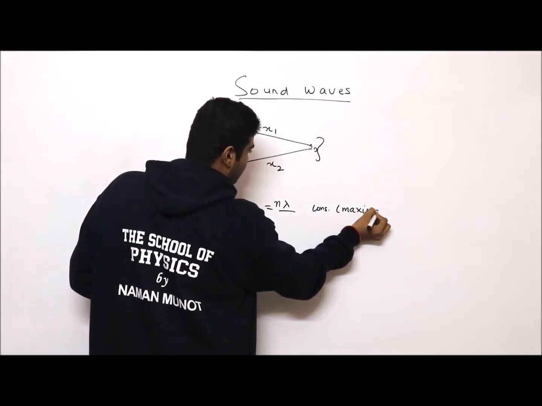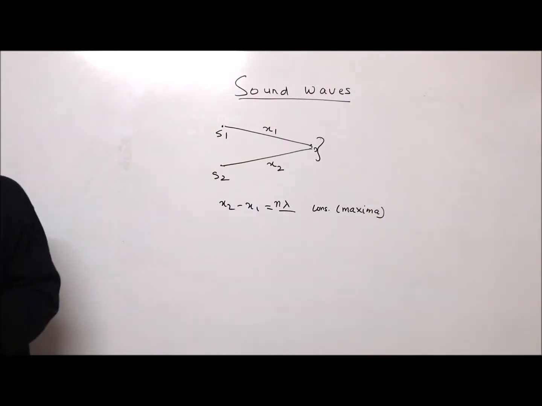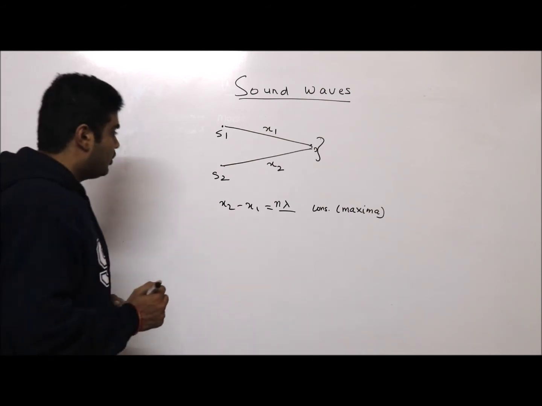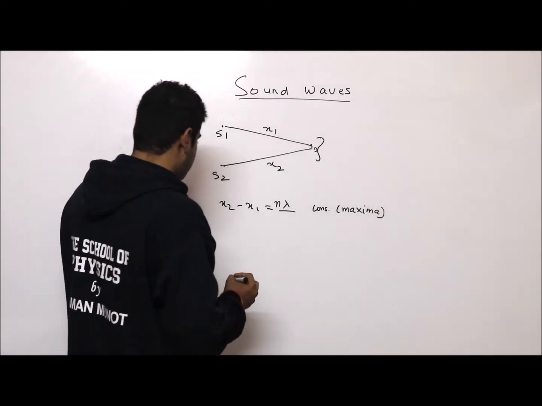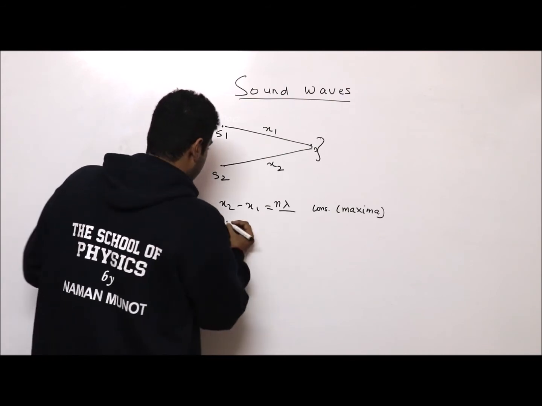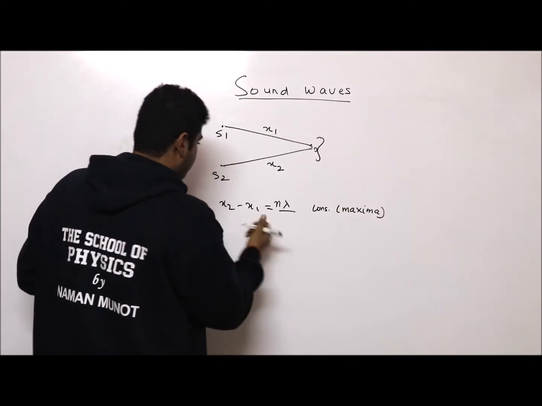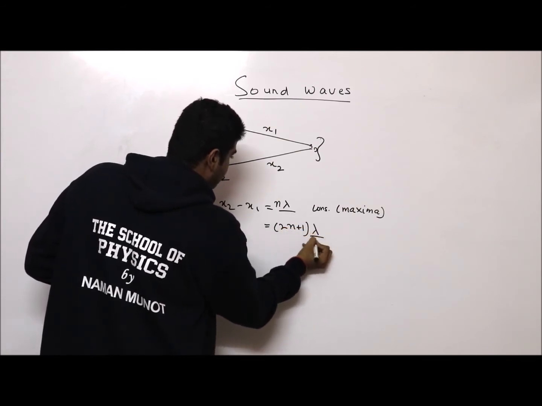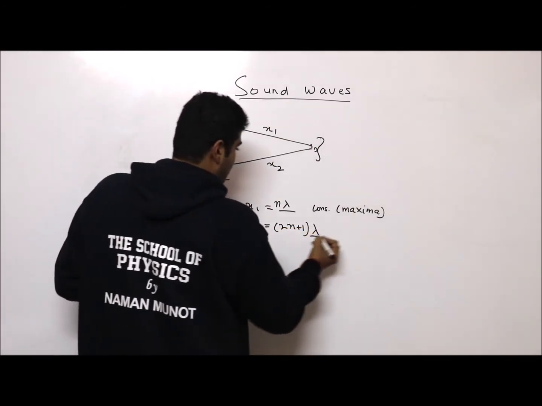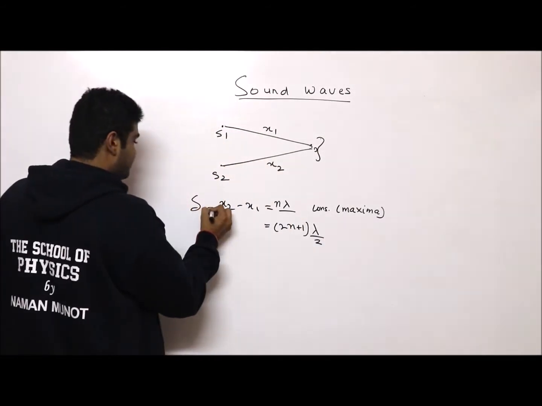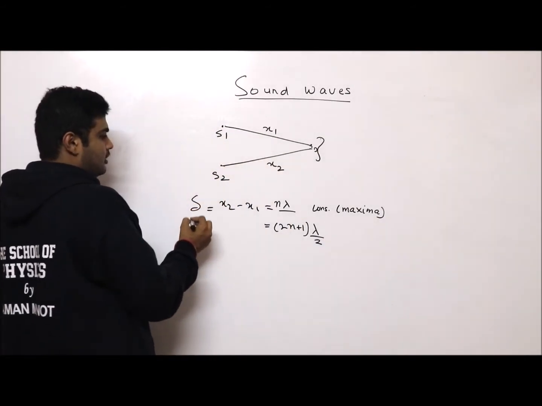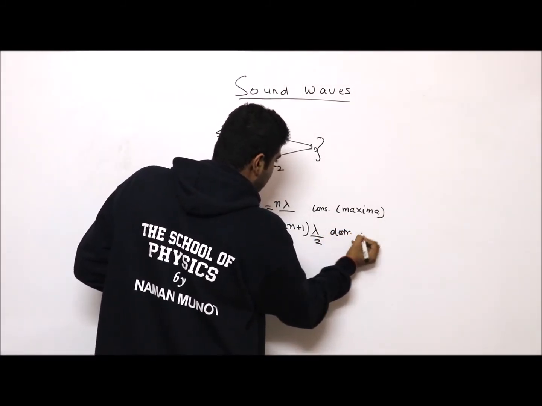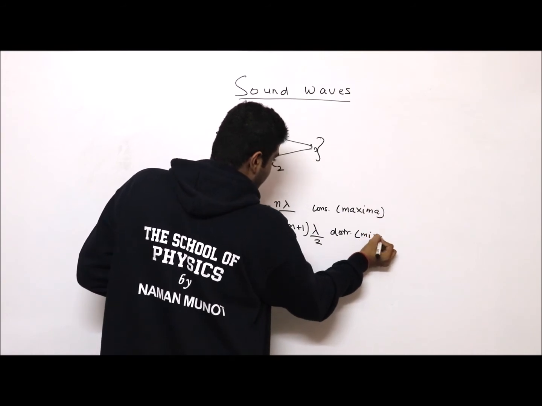Then when x2 minus x1 is equal to (2n plus 1) lambda by 2, this will be a destructive interference, and here you will hear a minima. This is called the path difference.